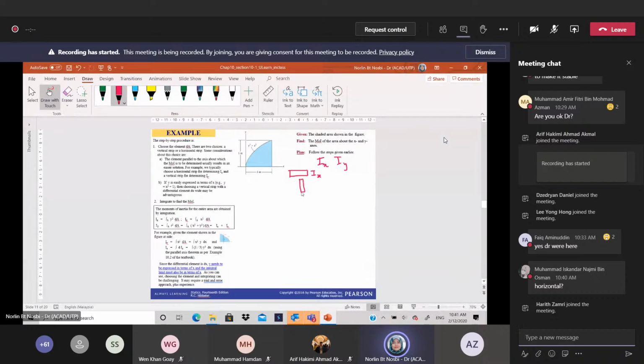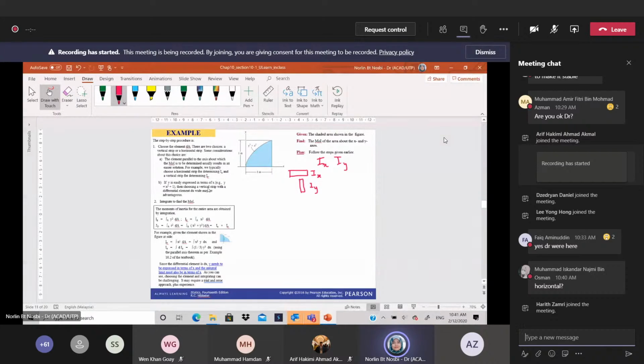And then 1b. You can see here this one is not an easy y term, right? Because there is a power of 3. If it is not easy, then you have to use horizontal.